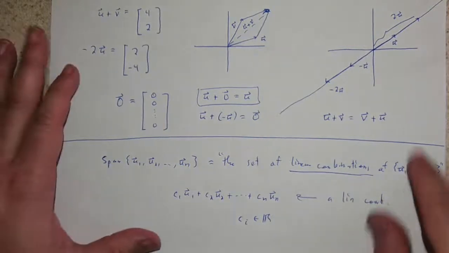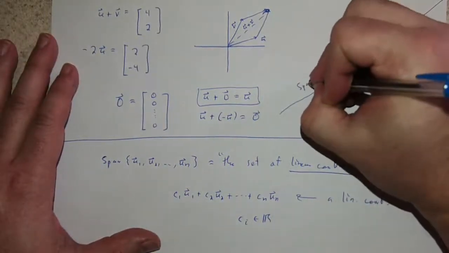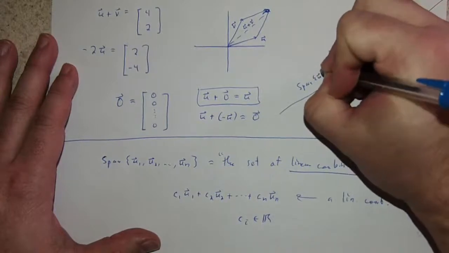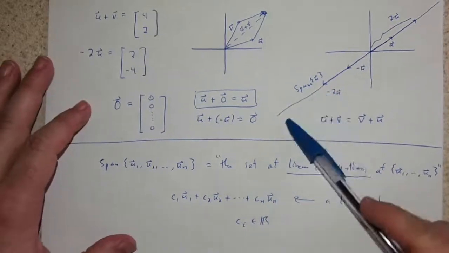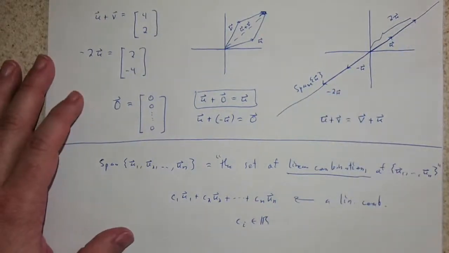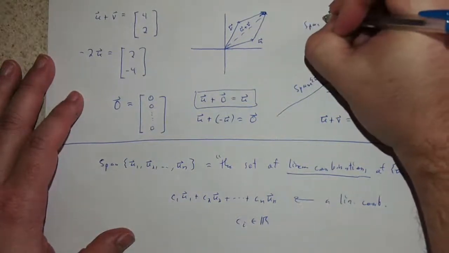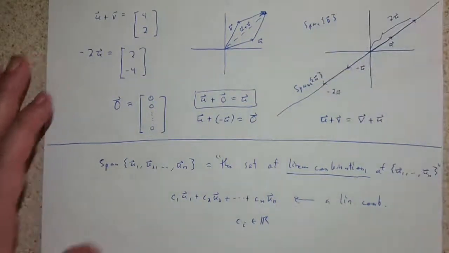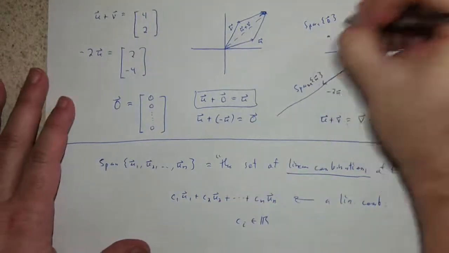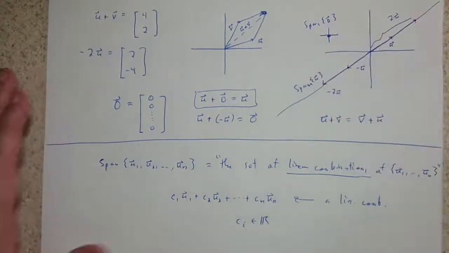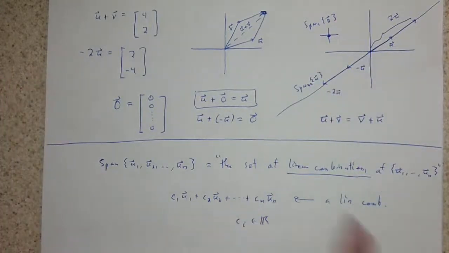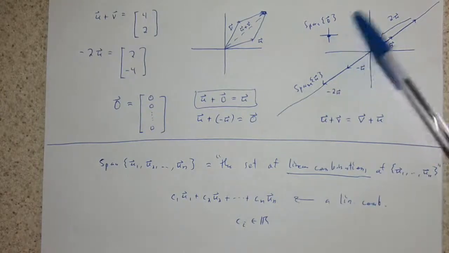So the set of all linear combinations of a single vector looks like this. Now there is a case where I could choose a vector u such that the span doesn't look like a line, and that would be the span of the 0 vector. So the span of the 0 vector would look like a single point, the point at the origin, because the set of linear combinations of the 0 vector is the set of scalar multiples of the 0 vector, but that's always just 0.